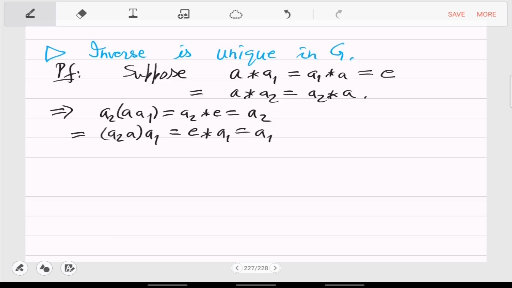And so A1 and A2 are equal, what we call A inverse. So inverse is unique. When I say A inverse, just by the group axioms, it's a unique element. It's a function which is basically a permutation of the group. If you look at inverse, then elements A1 to An will be permuted to something else.